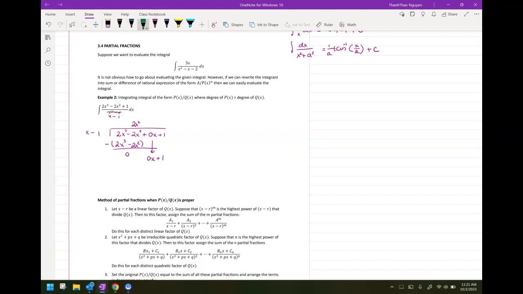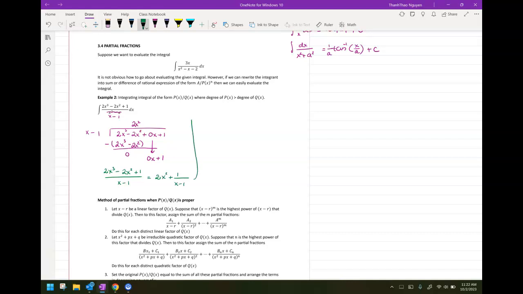I can then rewrite this rational expression, 2x cubed minus 2x squared plus 1 divided by x minus 1, as 2x squared plus 1 divided by x minus 1.